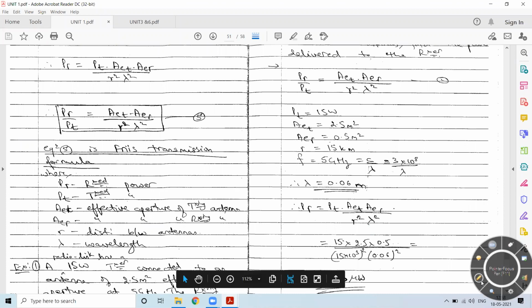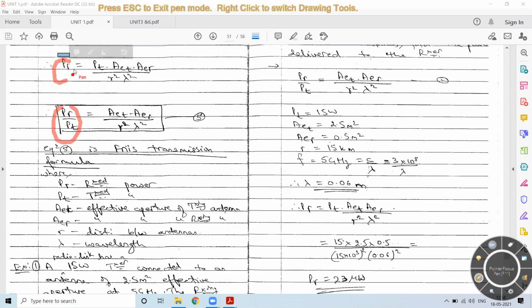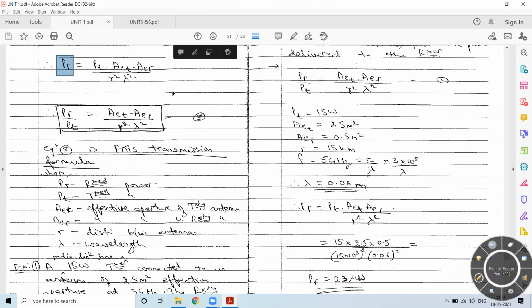If you make an observation of this equation, the received power is inversely proportional to the square of the distance, and it is inversely proportional to the square of the wavelength. So if you have higher frequency, the wavelength is lesser, due to which the received power can be increased.